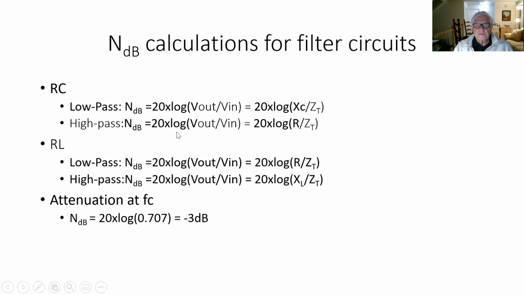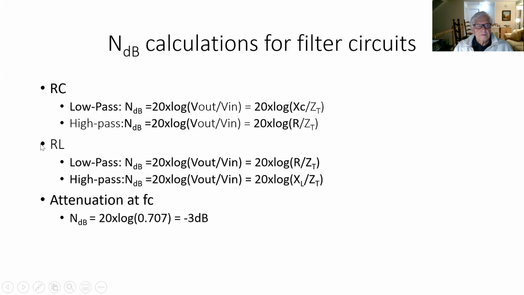For high pass, the ratio is the resistance to the impedance, always 20 times the logarithm. Because you remember, for low pass we go across the capacitor. If we want high pass, we go across the resistor.